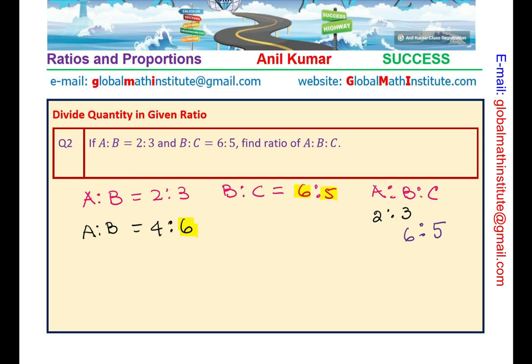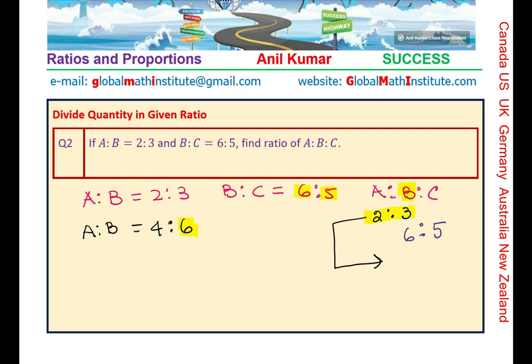Now, to make B common, what should we do? We should multiply this by 2. And if I multiply this by 2, what do I get? I get 4 to 6. And now we can correlate. See, both B's are 6, right? So we can get the ratio as 4 is to 6 is to 5. Is that clear to you?